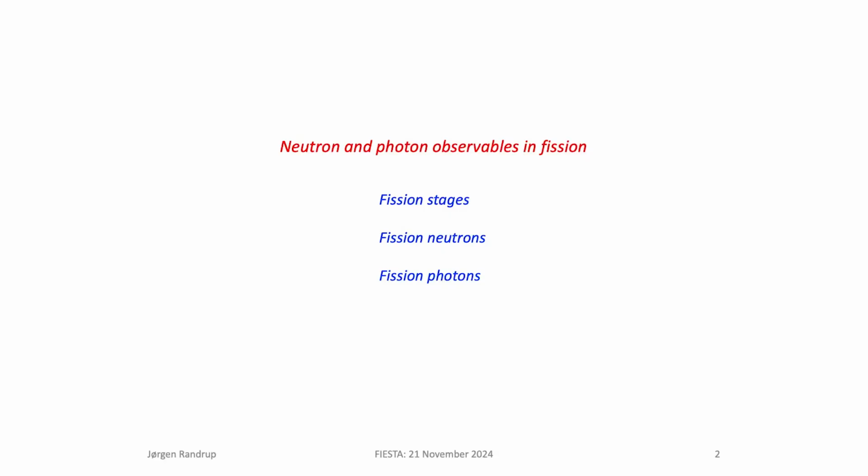So I divide this up in first a little bit of an overview, although you have seen it a lot, but now you get my overview of fission, which has the advantage that you see the different stages time-wise. And then I will talk about the fission neutrons, and then I'll talk about the photons.